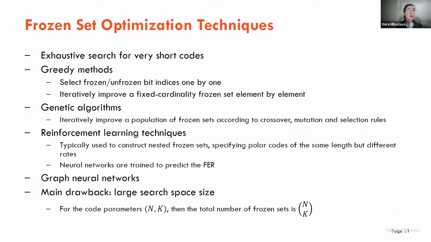And they can use neural networks to predict frame error rate. However, in the case of reinforcement learning, in the majority of cases, we need a very large data set. And a very large data set is also needed in graph neural networks.